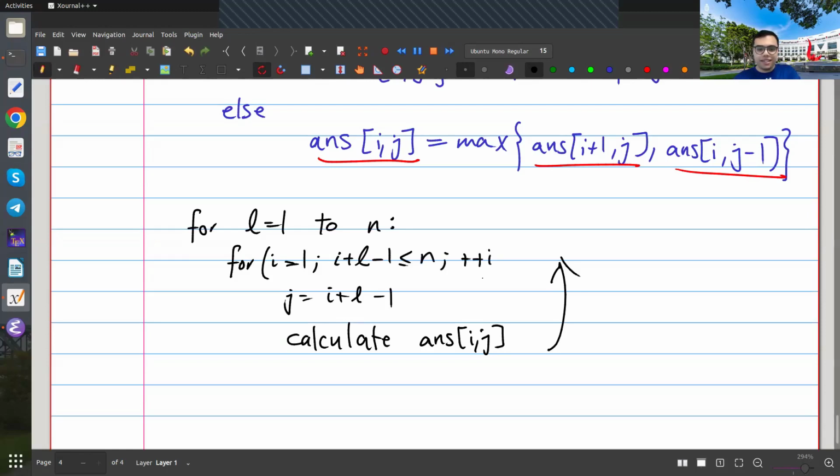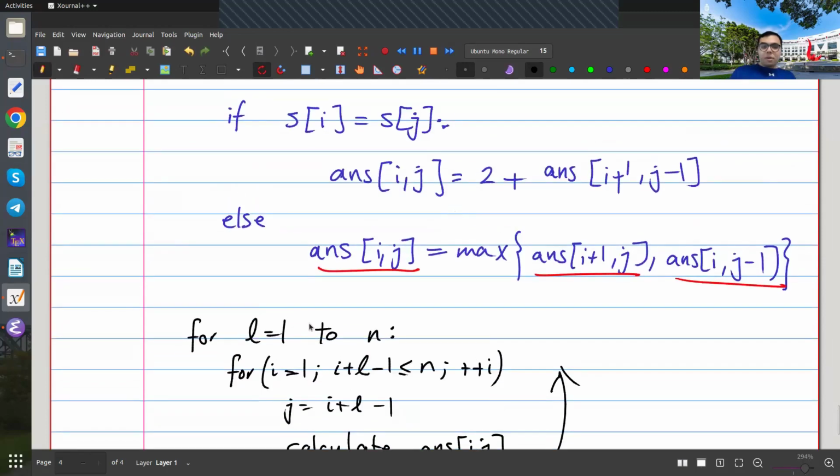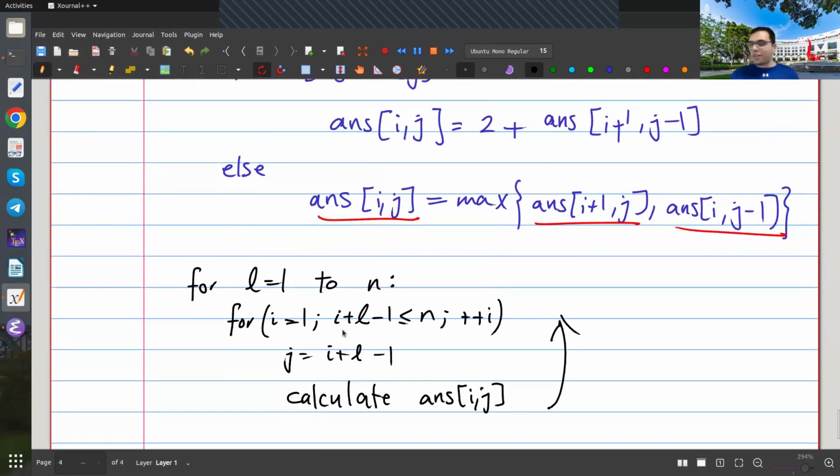I prefer C++ now suddenly. Then I find my j, and then I calculate the answer Ij according to this formula. But the order really matters. Again, if you remember one thing from the DP sessions in this course, it's that the order matters.